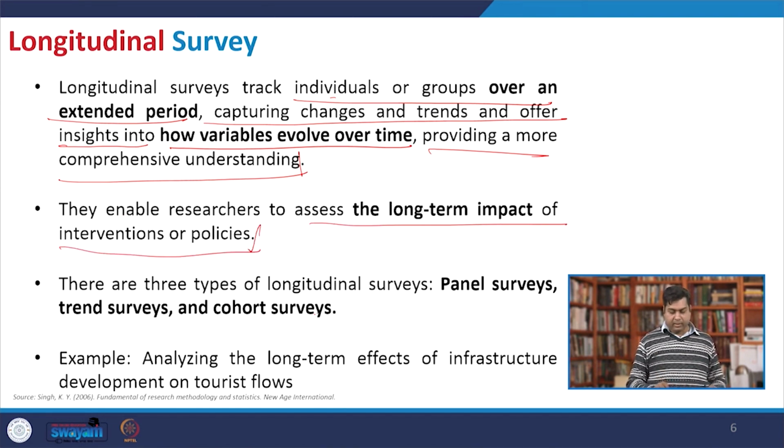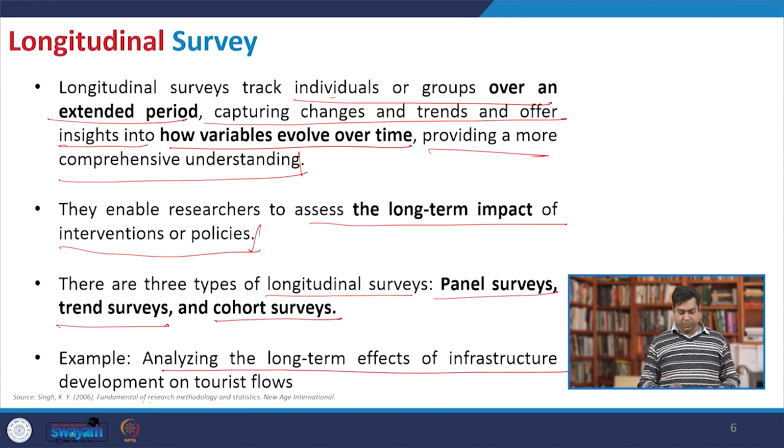There are three types of longitudinal survey: panel survey, trend survey and cohort survey. For example, analyzing the long term effects of infrastructure development on tourist flow.